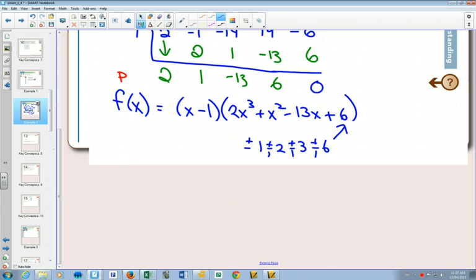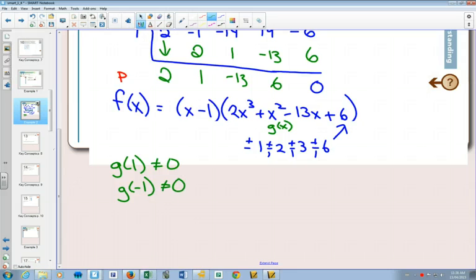I'm just going to call this one temporarily g of x, because we've used the function f of x to describe the first one. So I found out that when I plugged in 1, I did not get 0. When I plug in -1, I'm going to get -2 plus 1 gives me -1. Plus 13 gives me 12. Plus 6 does not work either.